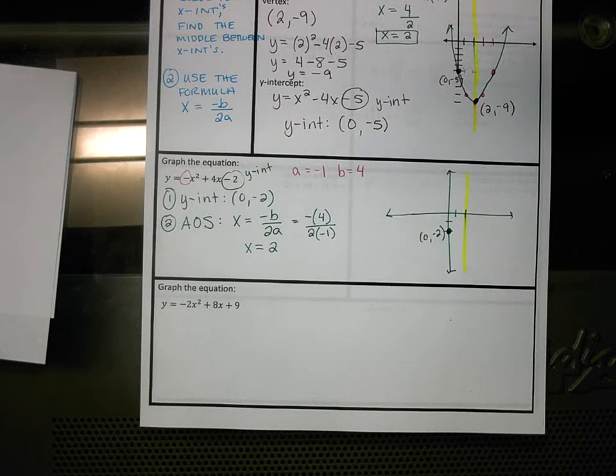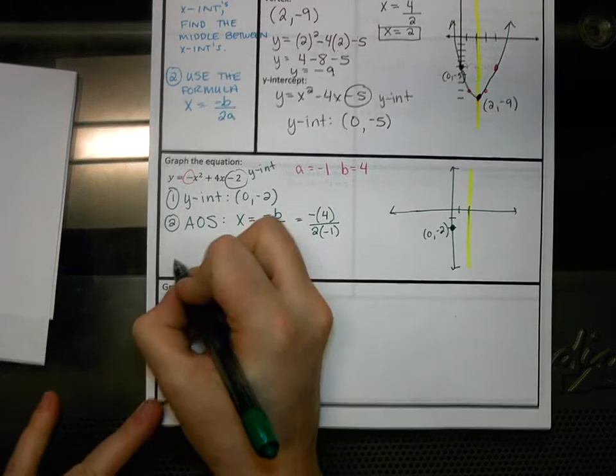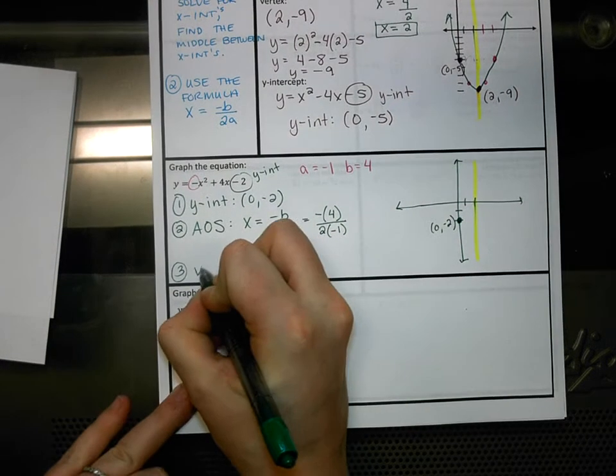After you find your axis of symmetry, what's the next point we can find? Vertex. Araceli, what is the x value of my vertex?